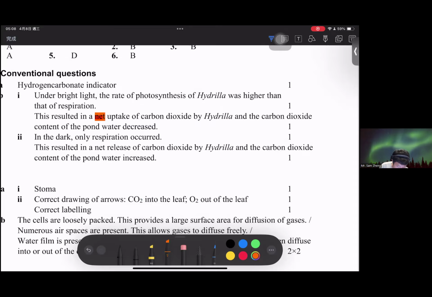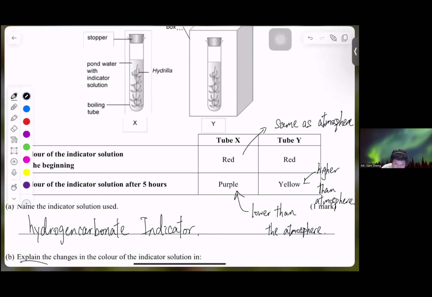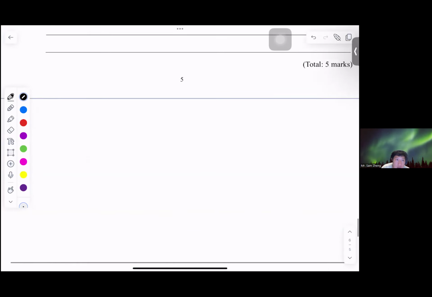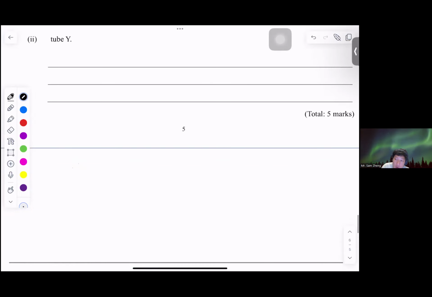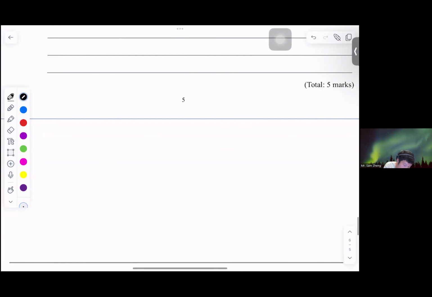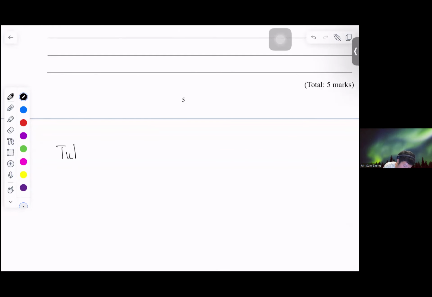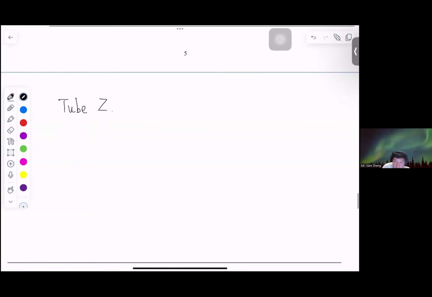Now, based on these answers, I want you to help me further explain one more possible tube, which is what we call tube set. Now this tube set is very special.